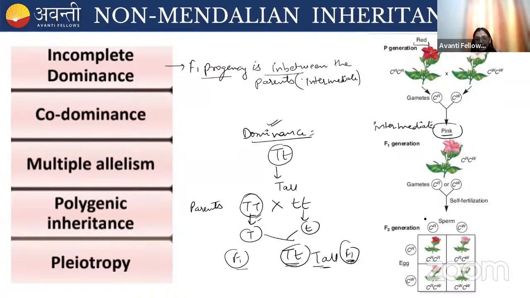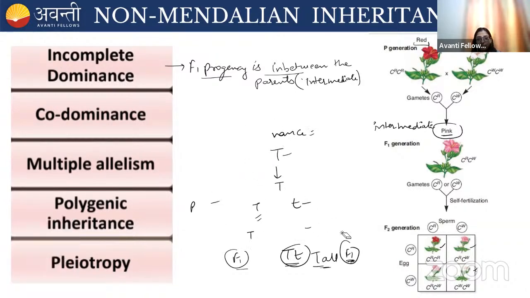And when this pink flower is self-pollinated, we are obtaining one red, two pink, and one white. So in case of incomplete dominance, the genotypic ratio is 1:2:1, and the phenotypic ratio is also 1:2:1.